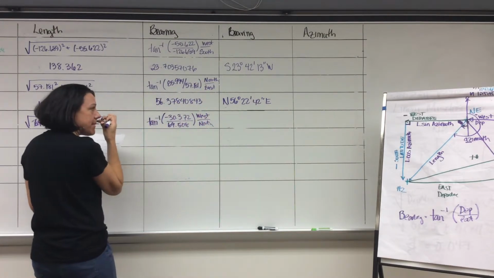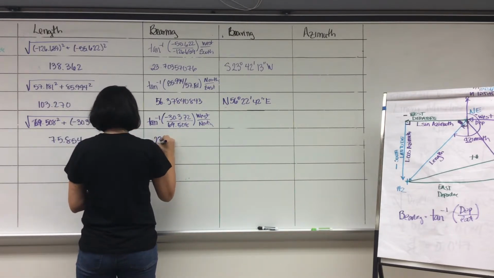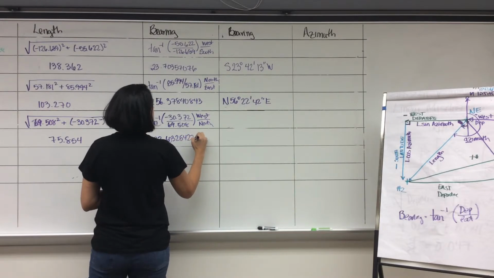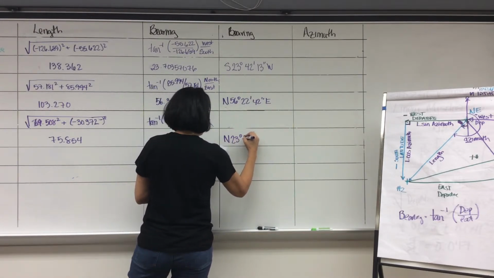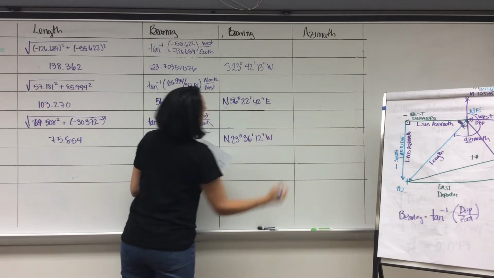I only write these to make sure I remember what the bearing is. So that's 23.60325422, and that's going to give me north 23 degrees, 36 minutes, and 12 seconds west.